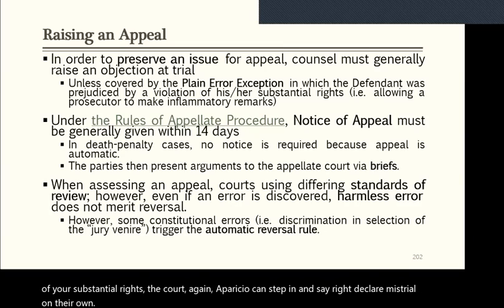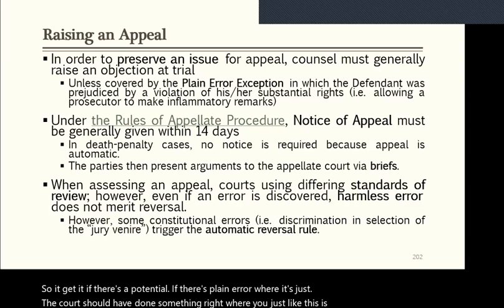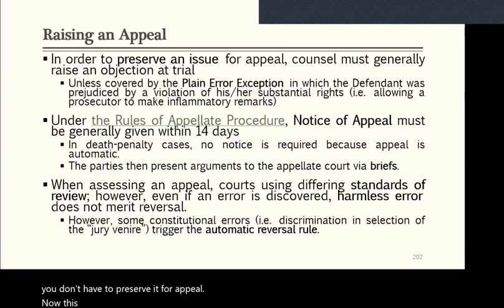So again, if there's plain error, where the court should have done something, where you're just like, this is so ridiculous, the court should have just done something, then you don't necessarily have to raise the issue, right? You don't have to preserve it for appeal. Now, this is, again, a really high bar to meet, right?